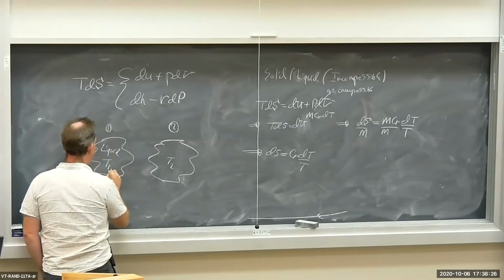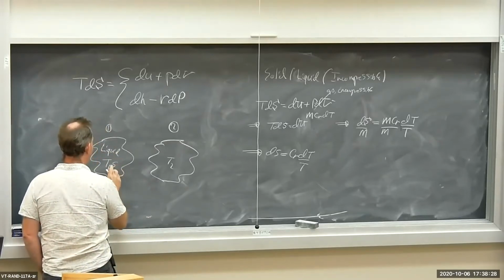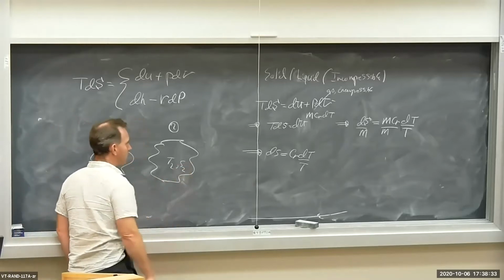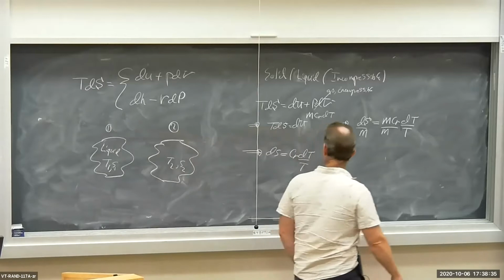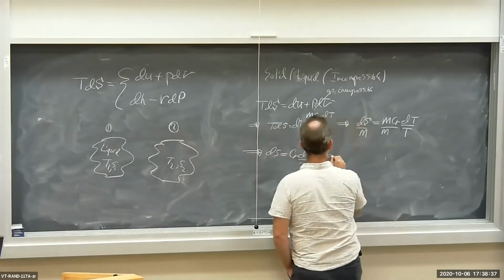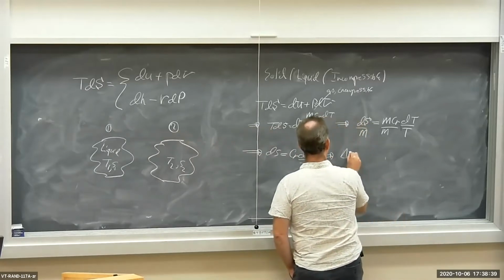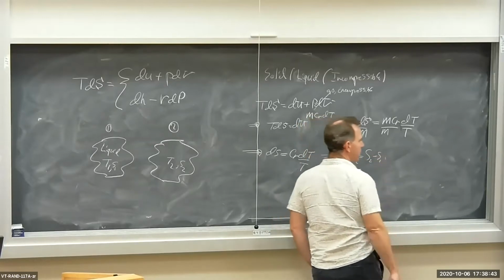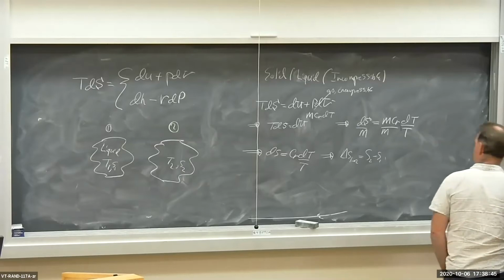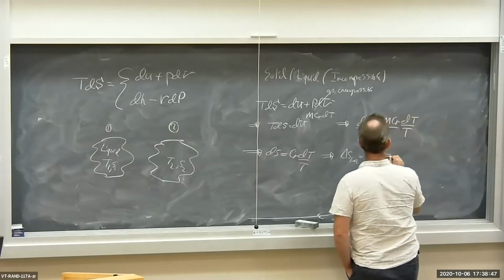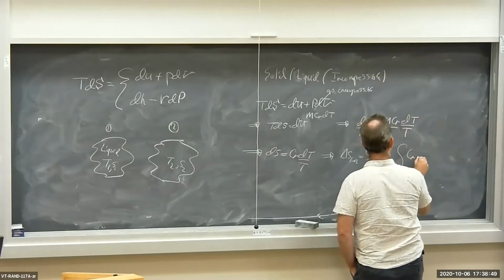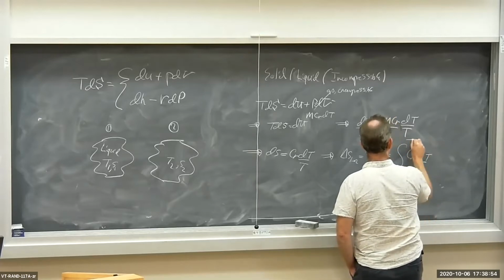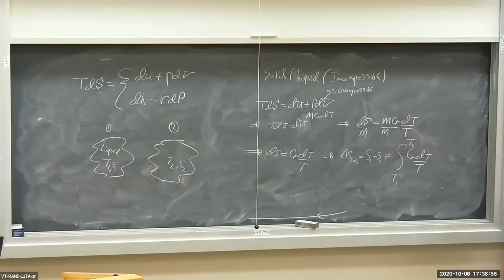So I have a specific entropy at state 1, I have a specific entropy at state 2. So to get the change in entropy, delta S from 1 to 2, which is S2 minus S1, this is specific entropy, is equal to the integral of CV dt over temperature, from temperature 1 to temperature 2.